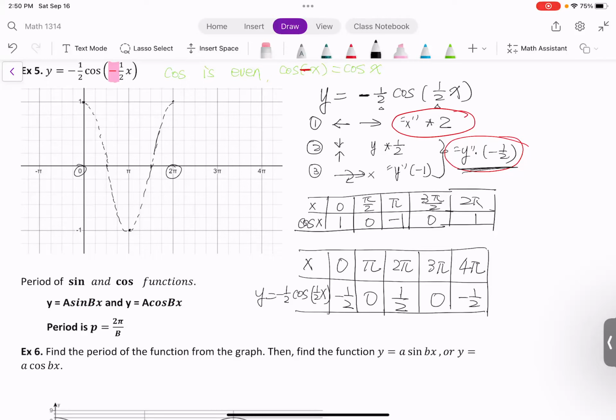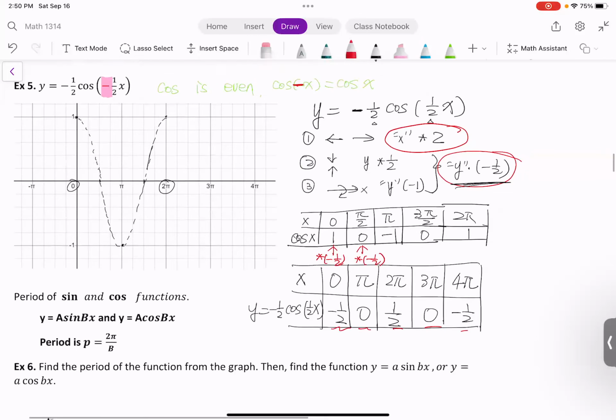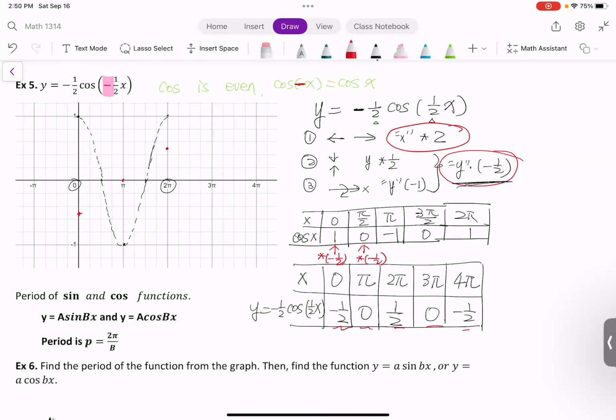All right, with these key points, let's plot them on my graph. 0, negative 1/2 here. The second point is pi, 0. Then 2 pi, 1/2. Then 3 pi, 0. And 4 pi, negative 1/2.